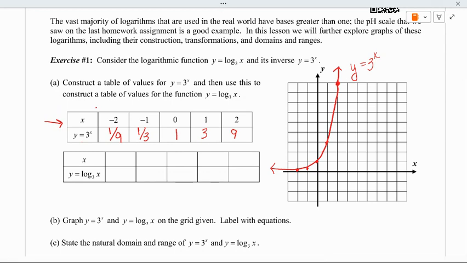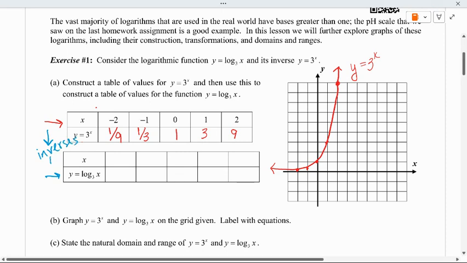If I didn't know how to find those, I could go to y equals in my calculator, put in the equation and ask for a table. Okay. So the function y equals log base 3 of x is the inverse. These are inverses. So what do we know about the ordered pairs?